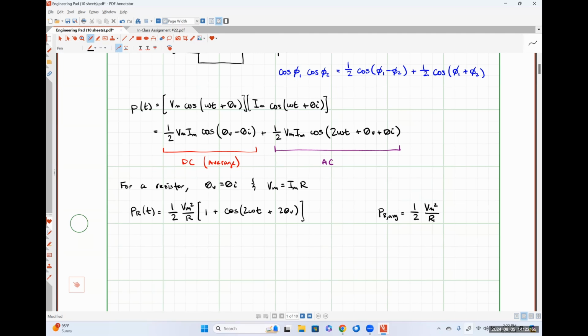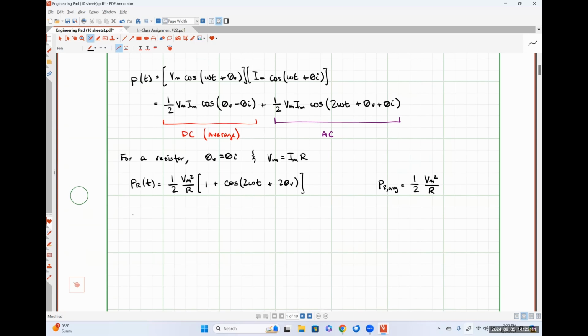So it looks very similar to our expression for the power absorbed by a resistor in a DC circuit, except that there's this pesky factor of 1/2 that is included, which is because of our trig identity. I can do something similar, and I can express the power absorbed by my resistor only in terms of my current. So that would look like 1/2. Now we're going to use V_m is equal to I_m times R. So we're going to have I_m times R times I_m, or simply I_m squared R. Cosine of 0 is still 1.